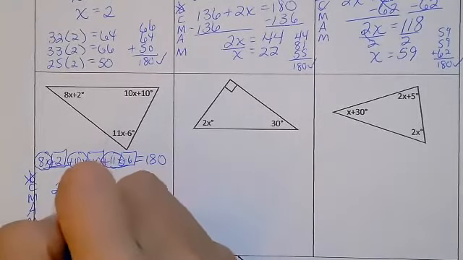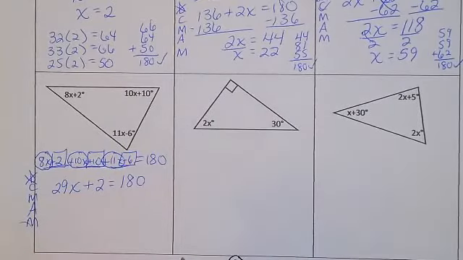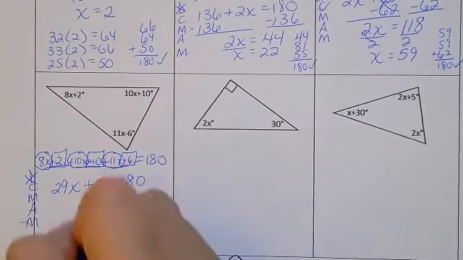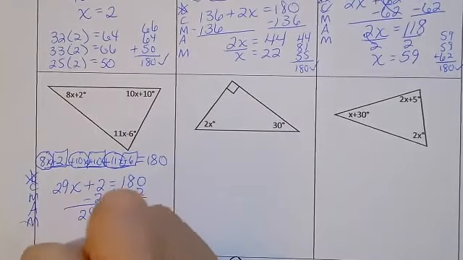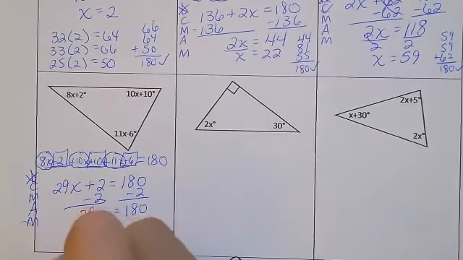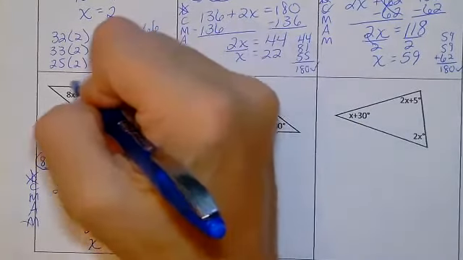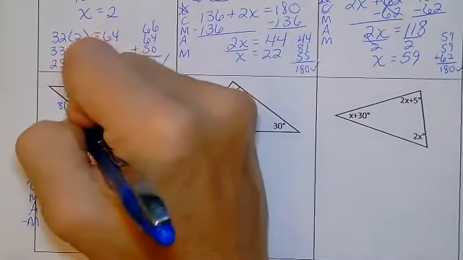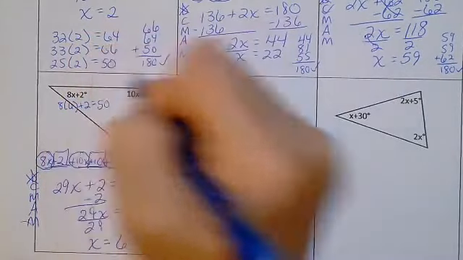So to give me 8, so that's a plus 8. Subtract 2. Divide by 29. And x equals 6. All right, let's substitute. This would be 8 times 6 plus 2, which equals 50.